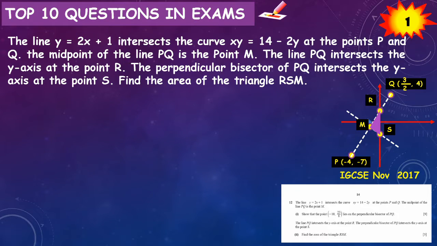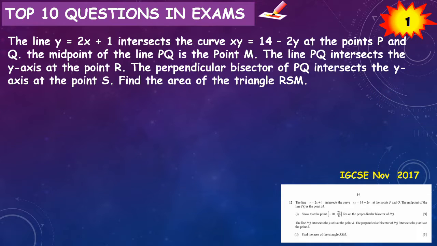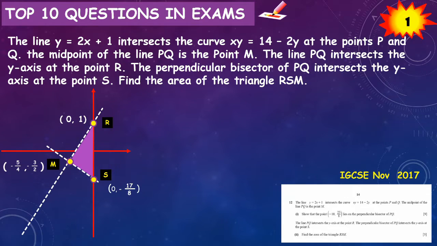Now we are ready to find the area of the triangle. There are several methods to do this, but I'm going to teach you the quickest way. We know this is a right angle triangle because the two lines on the triangle are perpendicular. So we just need to find the height multiplied with the base.